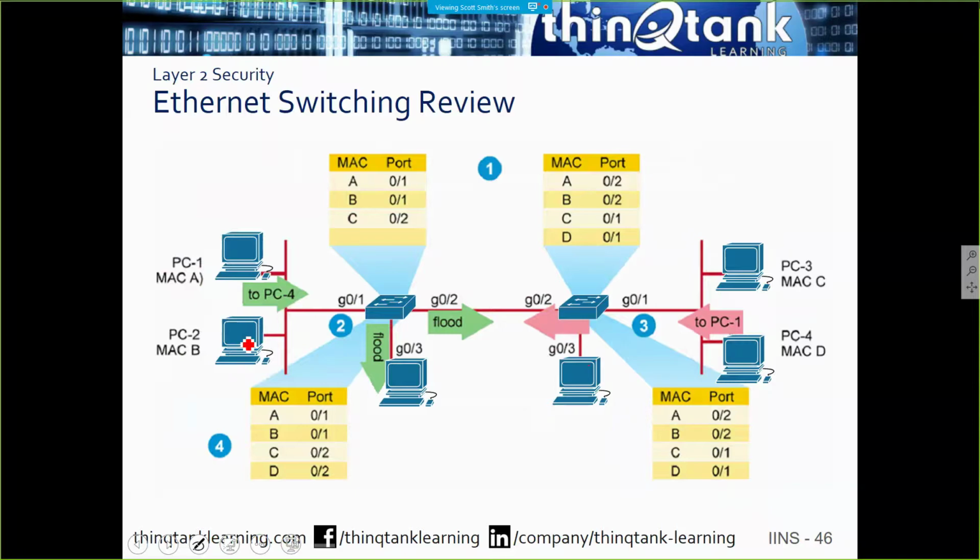Now, if you think about the concept, I kind of have to do that before the switch learns information, right? So it's not as simple as it sounds, because these hosts most likely have already been communicating for a while, right?